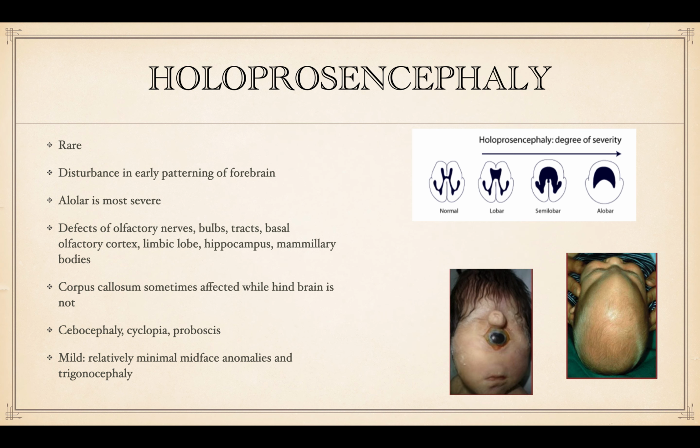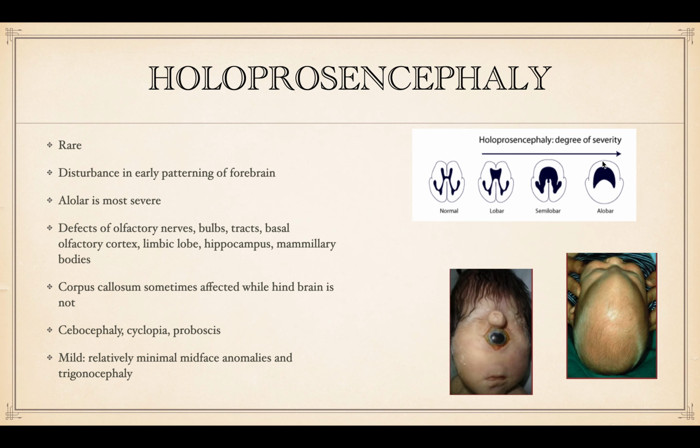So holoprosencephaly is very rare, and it's a disturbance in the early patterning of the forebrain. So here's a normal brain, here's a lobar brain, so look how these are connected. Semilobar, it hasn't even differentiated, and the alobar, there's no differentiation at all. Alobar is obviously the most severe, and there's going to be a defect in literally every structure.